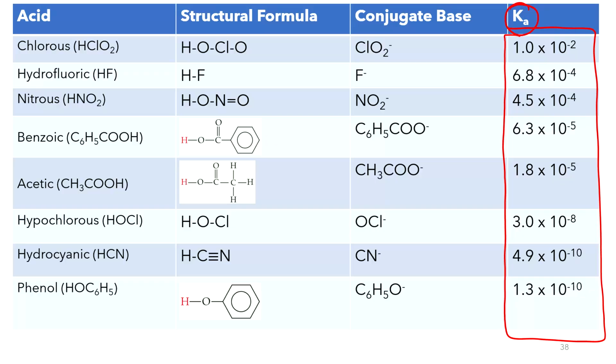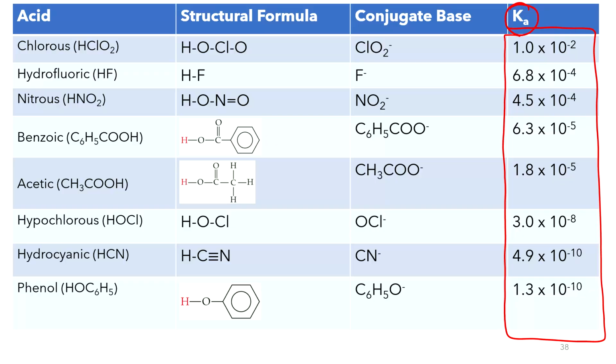These are small numbers. If we ask you to calculate a Ka value and you get something like 10 to the 10th, you should stop yourself and say, that's wrong. It should be a small number, right? Not very much of these weak acids dissociate. So we should be getting small numbers.